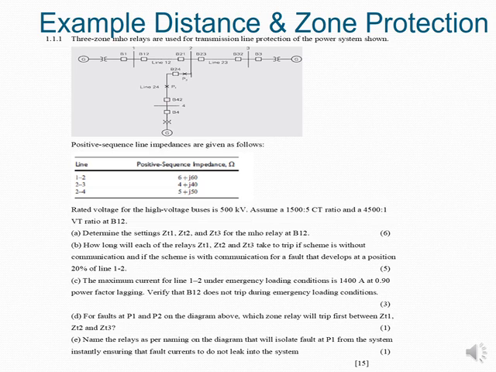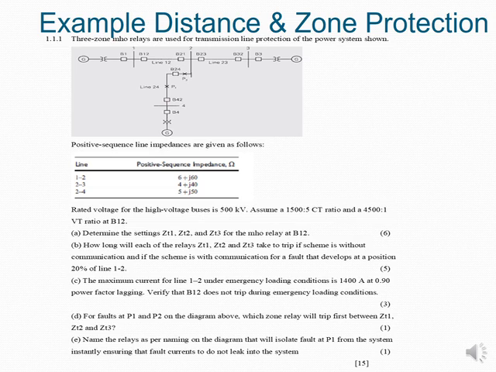Are they at zone 1, which is 80% of the initial line? Are they at zone 2, which is 120% of it? Or are they at zone 3, which is the 100% of the initial line plus 120% of what you would have as your longest line on your other two? Then once you have determined that, then you can say which one would trip first.